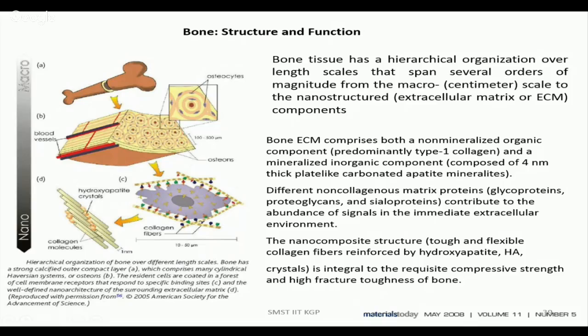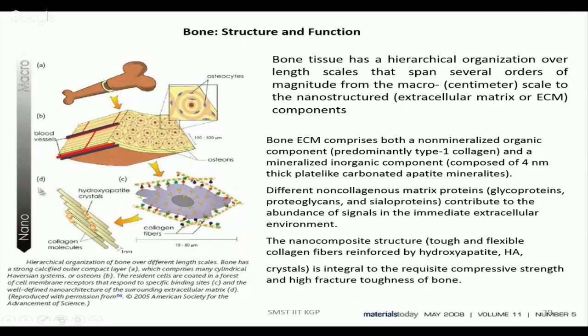So these proteins are actually the template for mineralization. They start mineralizing at this point, at the end of this collagen, and because there is a gap of about 45 nanometers, there will be a unidirectional growth of hydroxyapatite crystals.